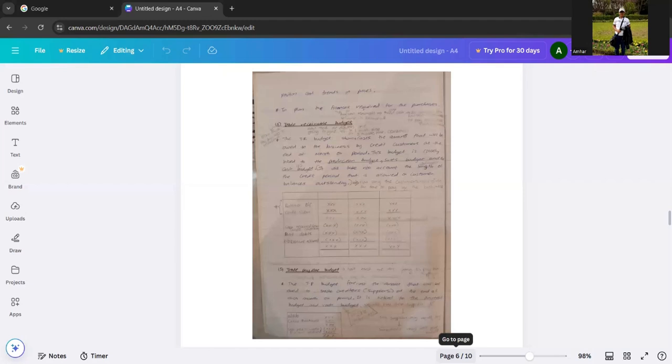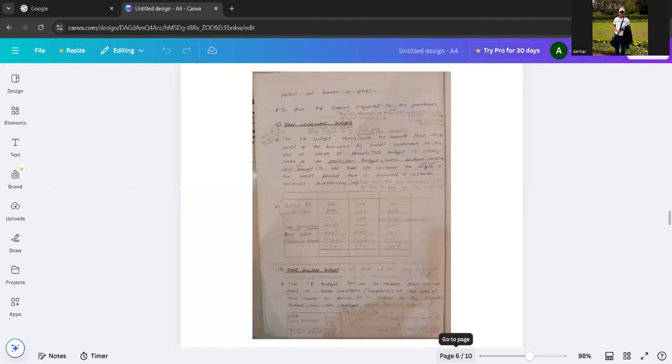Now, to plan the finances required for the purchases means to buy raw materials, you need cash, right? Yeah, we need cash. Purchase budget means the raw materials that you need to make Coca-Cola, the raw materials that you need to make t-shirts. To purchase that raw material we also need money.